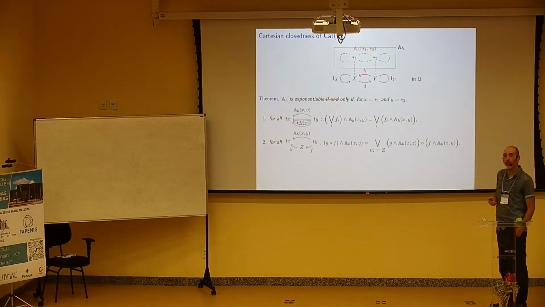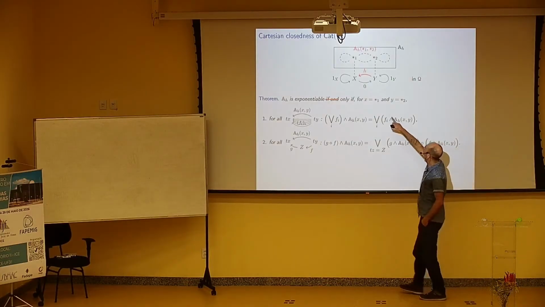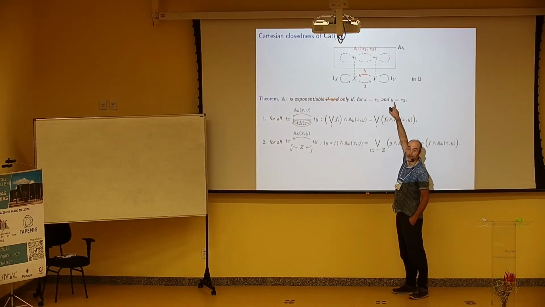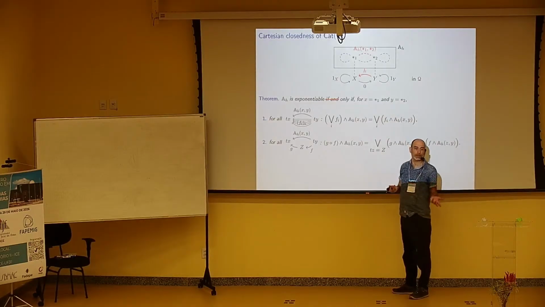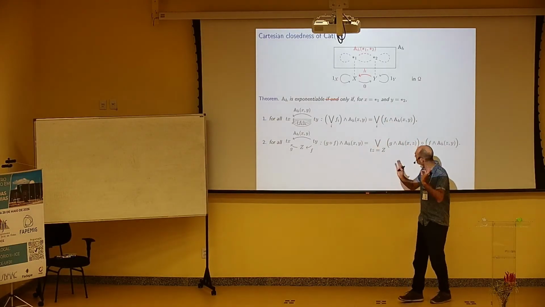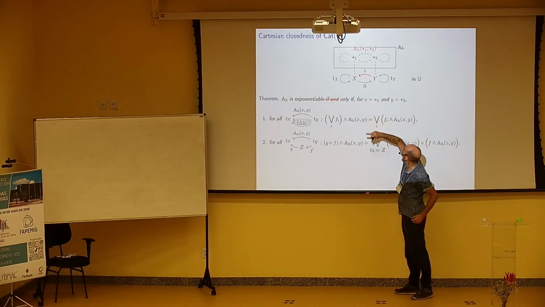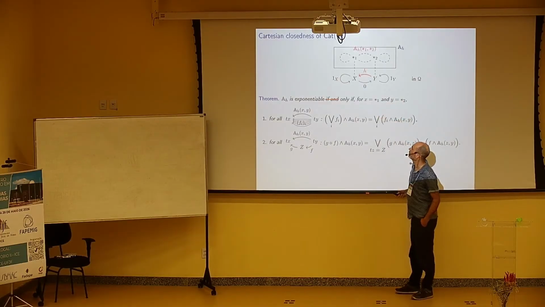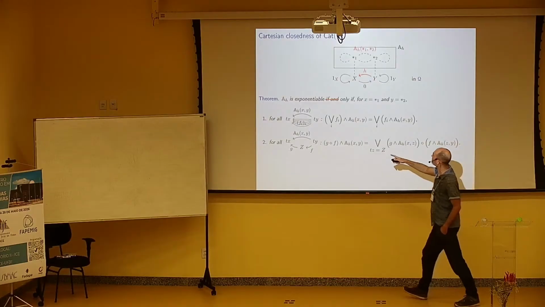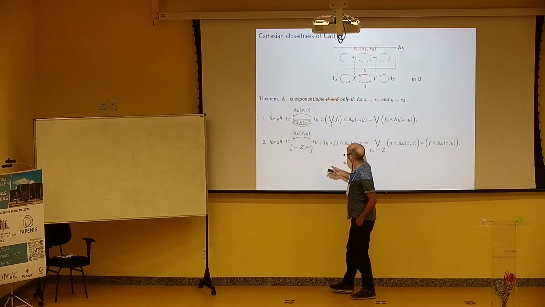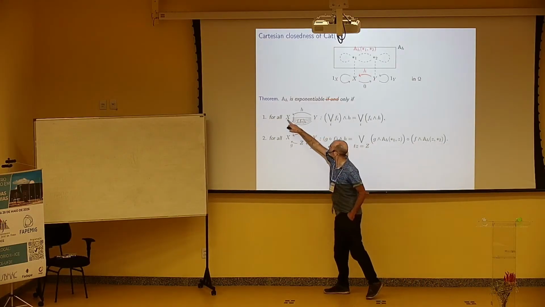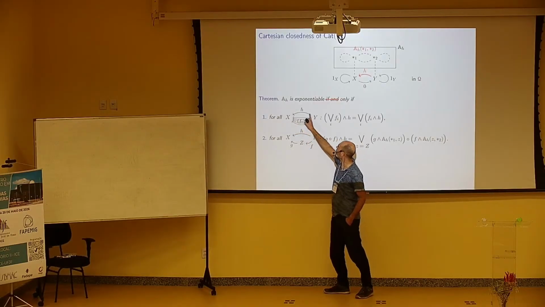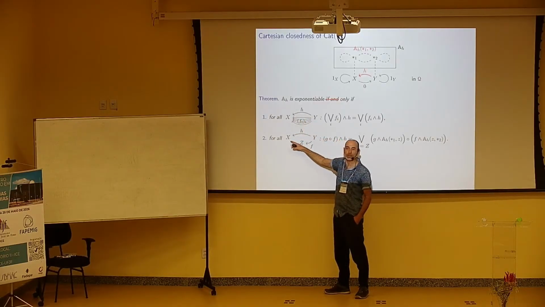If I only ask my conditions for very specific objects in this category, again, I get the necessary condition, right? I'm not asking it for all X and Y, I'm just asking it for X, which is star 1, the codomain of H in some sense, and Y equals star 2, the domain of H, right? So what happens then is that instead of having all X and Y, these are really just X and Y. And the only hom that I'm looking at is H. Right?